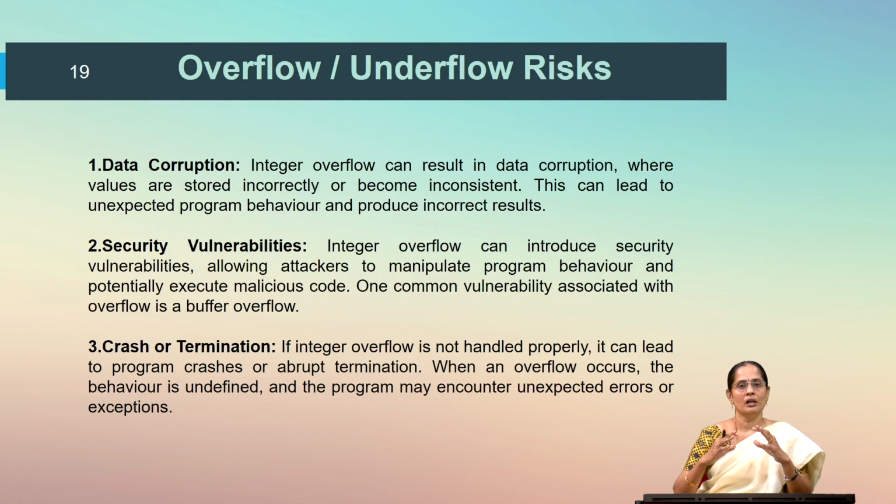So, the program will not behave in the predicted manner. The output that we predict will not be the one we actually get from the execution of the program. So, this will be the data corruption error.